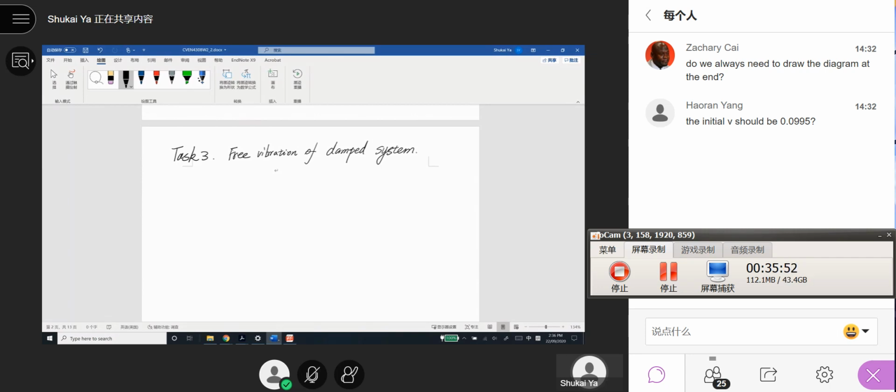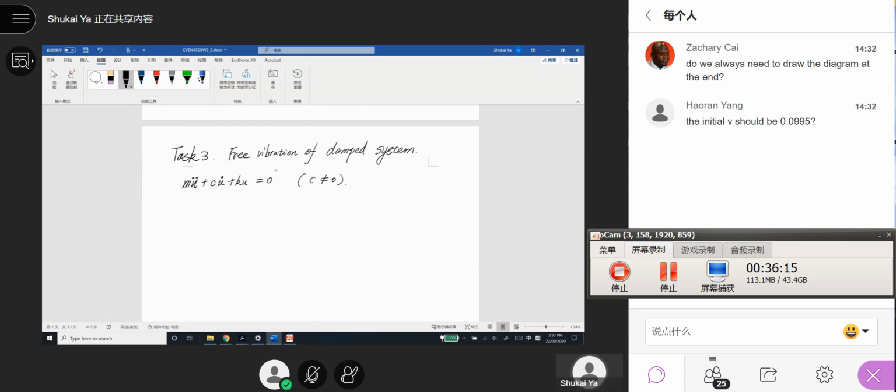In this case, the equation of motion is mu double dot plus cu dot plus ku equals 0, where c is not equal to 0.